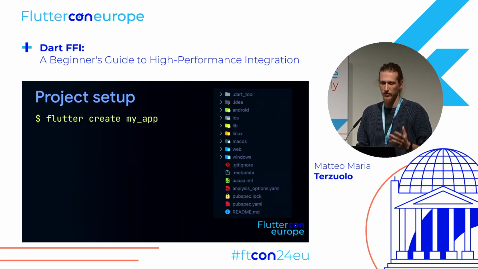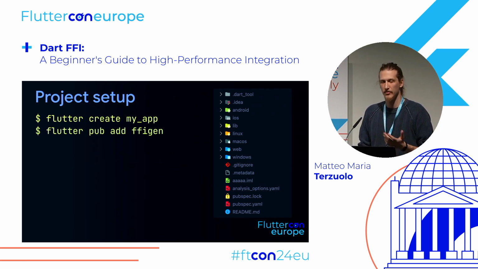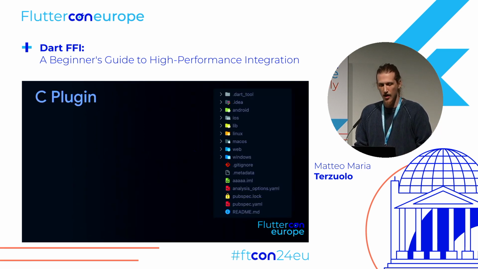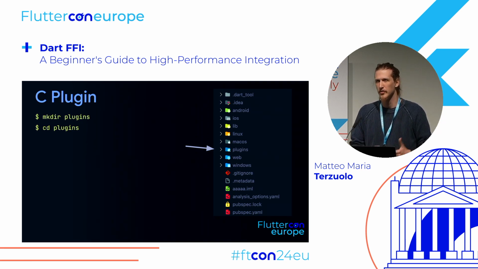First of all, I created my project, and I added the FFIGen package. The FFIGen package lets you generate Dart code from C header files, and we'll see later how. And then we'll create the C plugin. The creation of the plugin folder and also of a plugin is not needed to achieve what we are going to see today, but I created them to organize my project better.